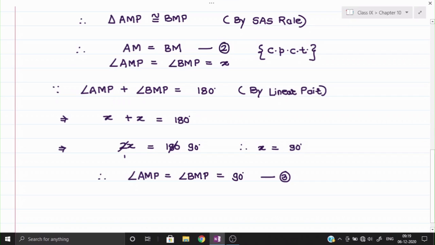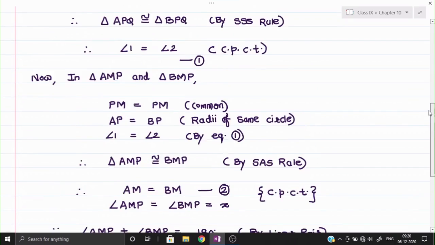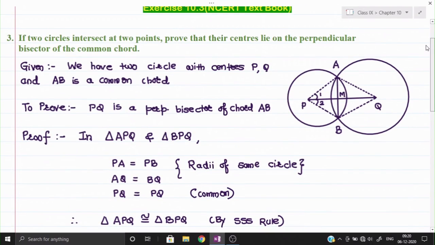Now see, we are reaching the part of conclusion. Observe, AM and BM are equal and angle AMP and angle BMP are both equal to 90 degree. We need to prove here that PQ is the perpendicular bisector of AB. Means PQ divides AB into two equal parts. So already we have proved AM and BM are equal, so we can say that PQ is the bisector of AB.